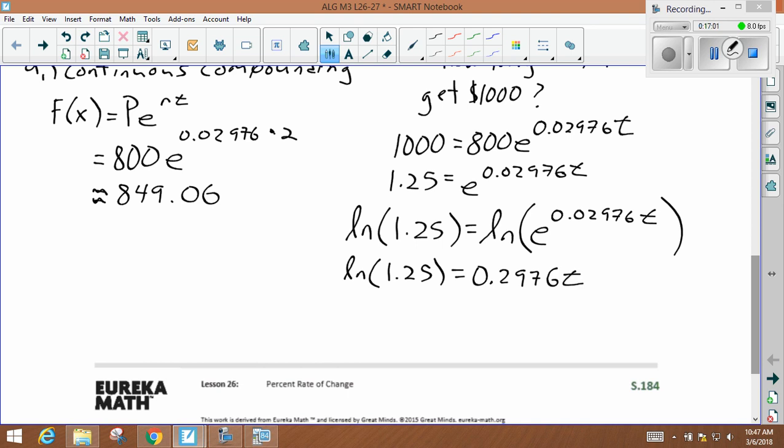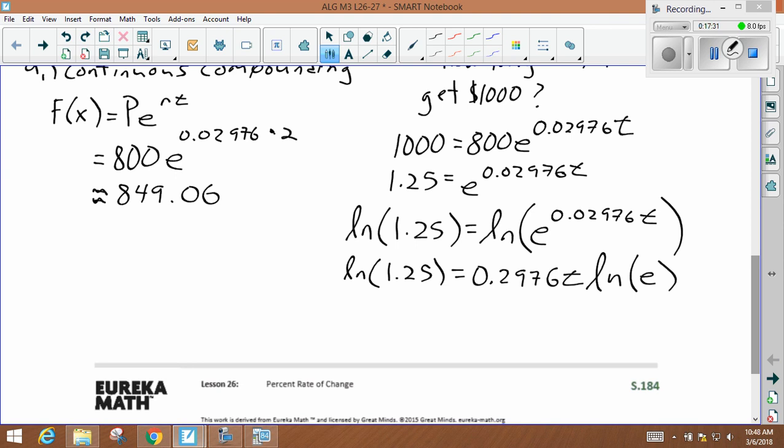Now I'm allowed to take that exponent out. Right? I can take the exponent out. Hey, what's natural log of e? Hey, natural log is log base e.